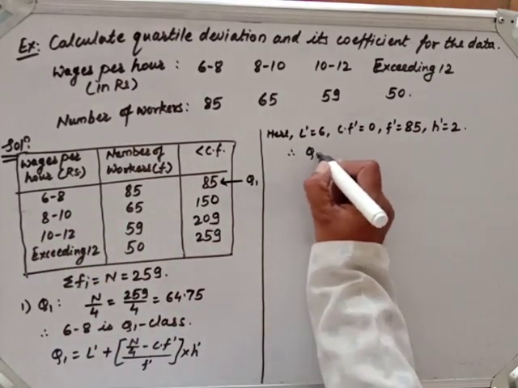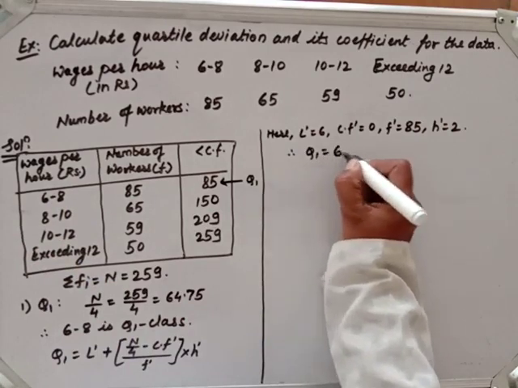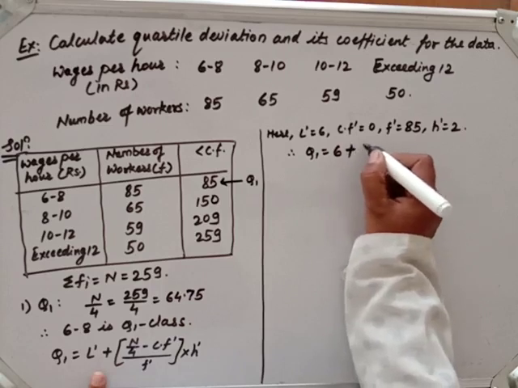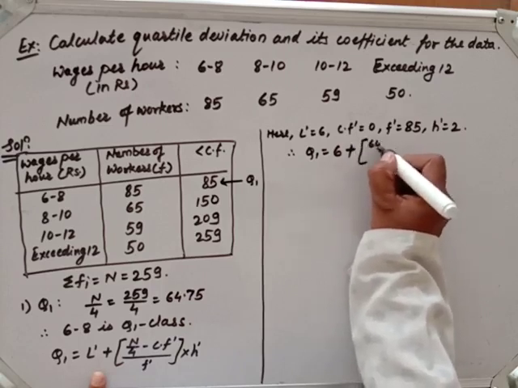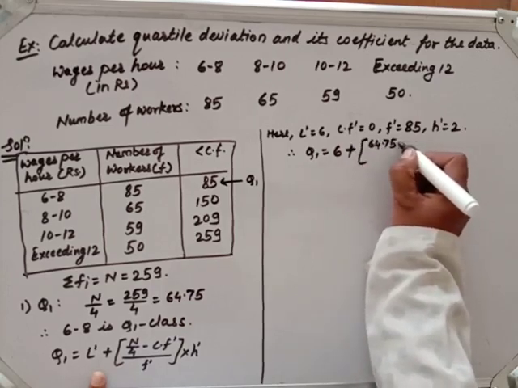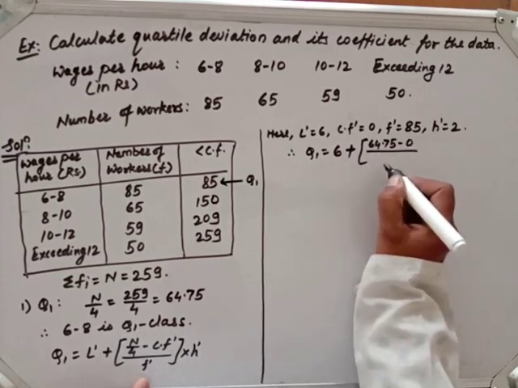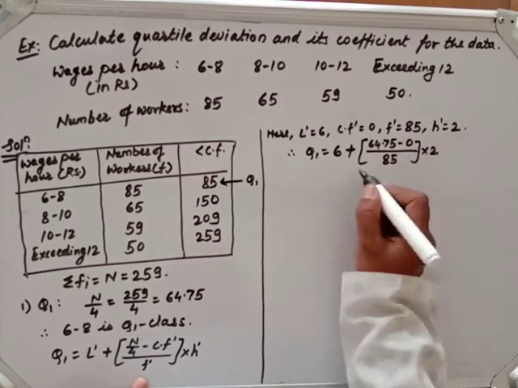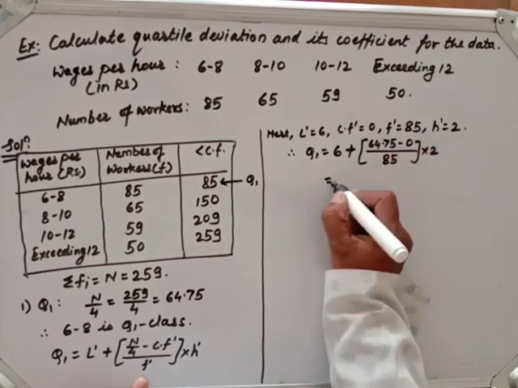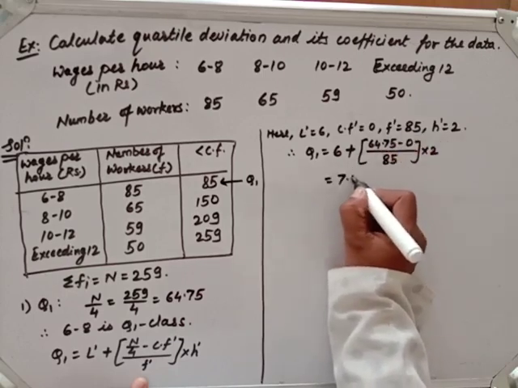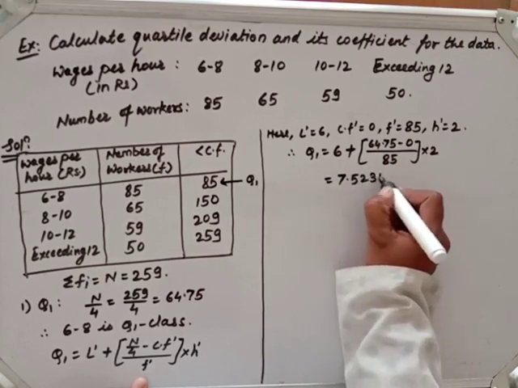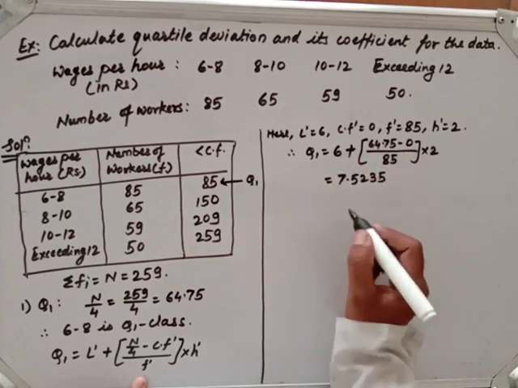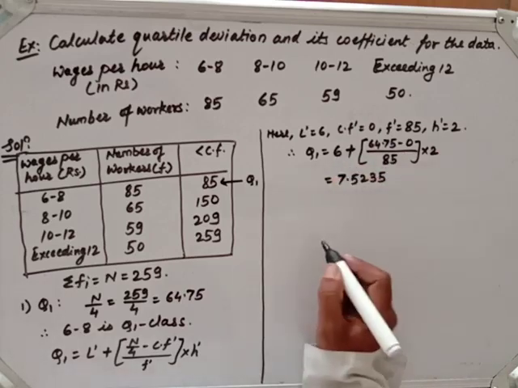Therefore Q1 equals 6 plus N by 4, 64.75 minus 0 upon F', 85, multiplied by 2. While doing this calculation we get 7.5235. You can do it on your own. First solve this and later add it to 6.